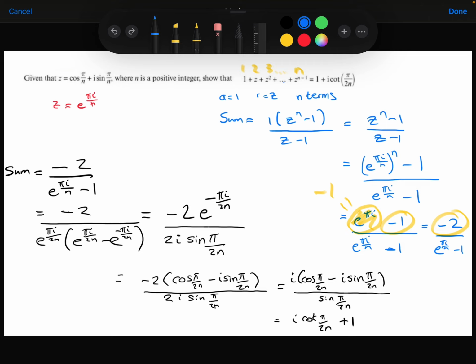I then decided to multiply top and bottom by i, so that this i squared became minus 1. And then that's going to cancel the minus there and there.